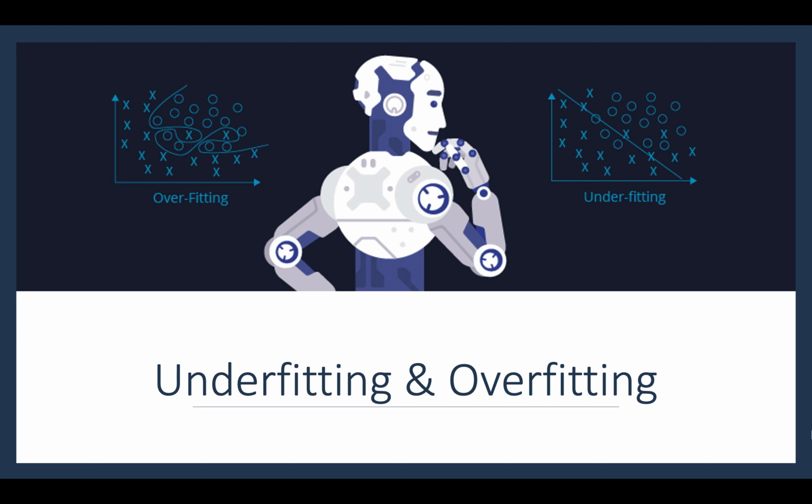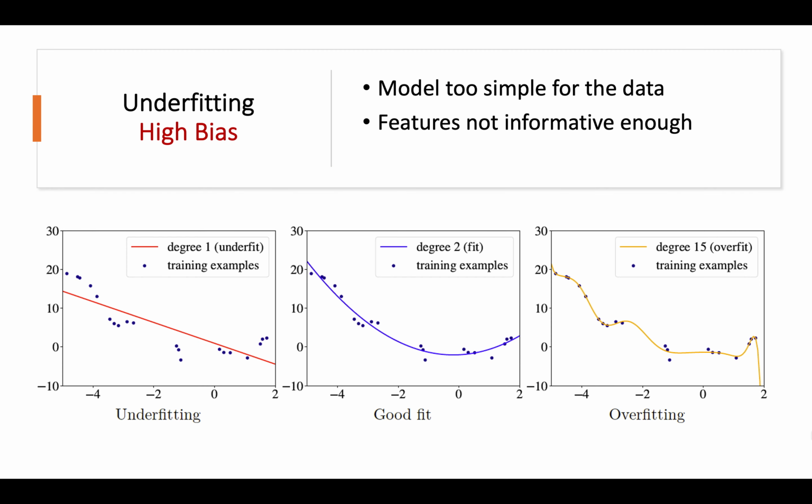We could either have underfitting or overfitting. And what do we mean by underfitting, for example? If the model makes many mistakes on the training data, we say that the model has a high bias or the model underfits.